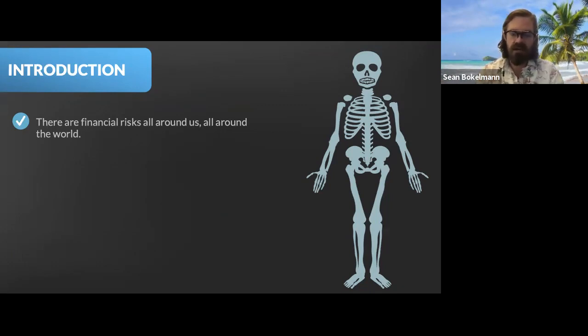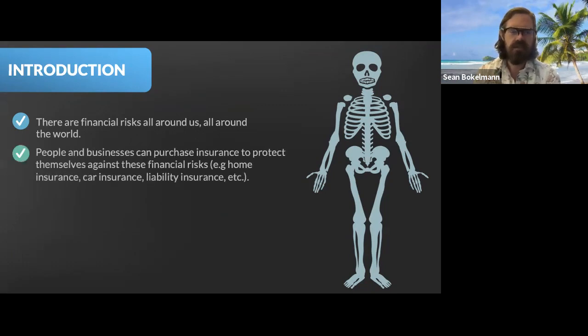If you own a house, there's a risk that it could burn down or be damaged by weather or a falling tree or something, and those all involve costs. So people and businesses can purchase all different types of insurance to protect themselves against these things: home insurance, car insurance, liability insurance for businesses. When they mess up, they're covered against those financial risks.